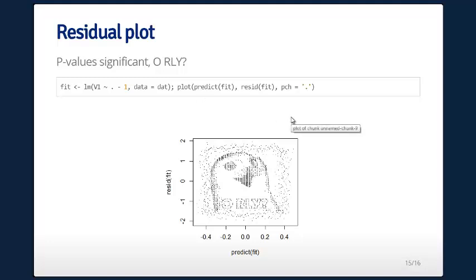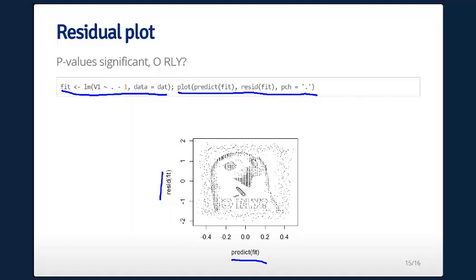But there's clearly an evident pattern in the residuals, because if you fit the model and then plot the residuals versus the predicted values, which, if you have a multivariable regression model, is often useful, in this case there's obviously some sort of pattern there.